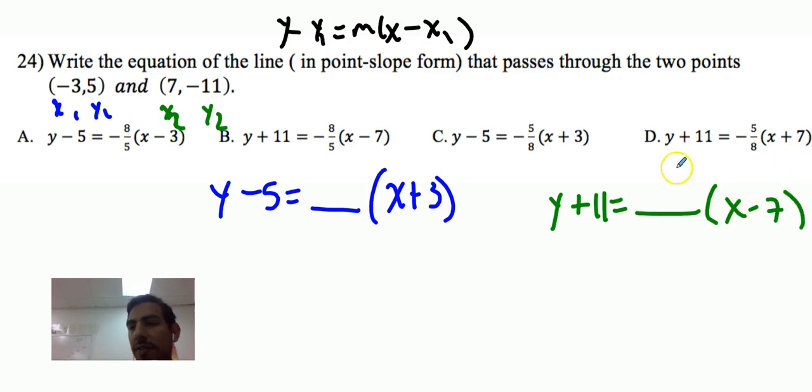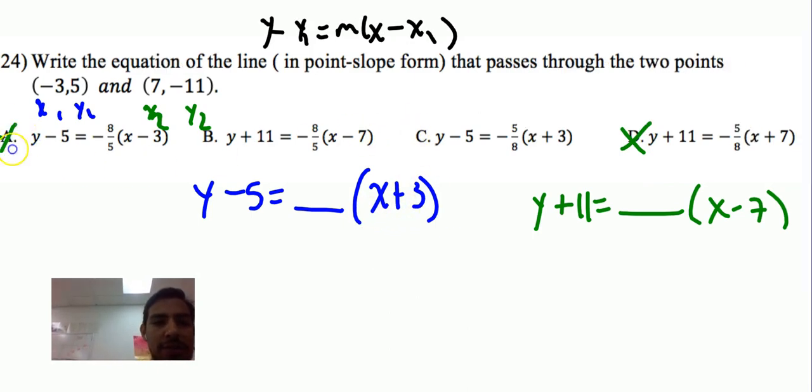Now notice plus 7 here, D is out. x plus 3, then that means x minus 3 is out. Let me just re-enlarge this again. So that means that it could only be B or C again. So let's see if it's negative 8/5 or negative 5/8.